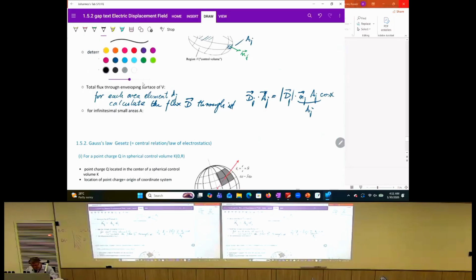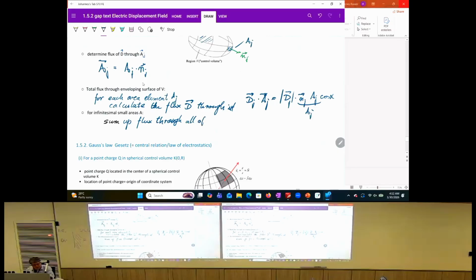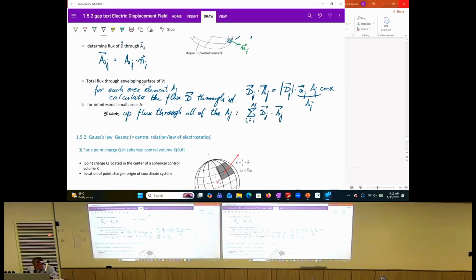Now the next step is you sum up the flux contributions through all of the elements A sub j. That means sum it all up from i equals 1 to n, and this is becoming exact the smaller we make these surface elements.